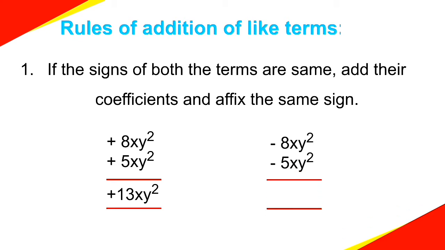Now what we can get? Minus 8 minus 5. Both are same signs. So if both are same signs, what we have to do? We have to add, but the symbol is negative. Good. Minus 13xy square.